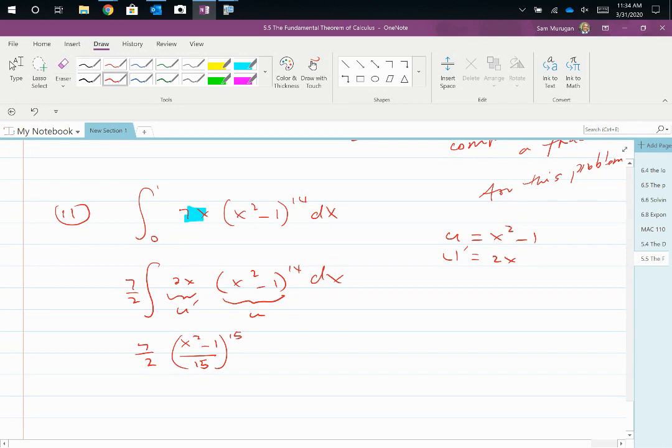Add 1 to the power and divide, which is 7 times x squared minus 1 over 30 to the power 15. And we're doing this between 1 and 0.